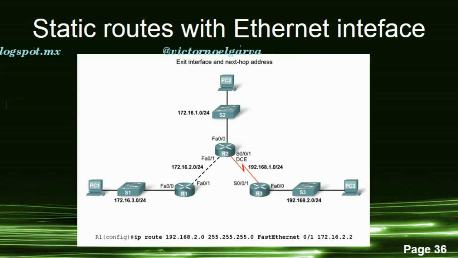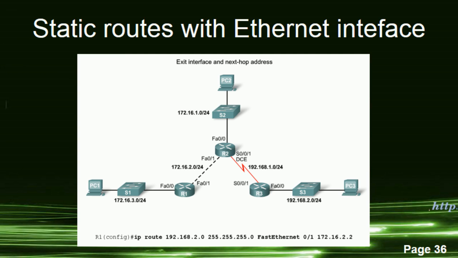The difference between an Ethernet network and a point-to-point serial network is that a point-to-point network has only one other device on that network, the router at the other end of the link. With Ethernet networks, there may be many different devices sharing the same multi-access network, including hosts and even multiple routers. By only designating the Ethernet exit interface in the static route, the router will not have sufficient information to determine which device is the next hop device. R1 knows that the packet needs to be encapsulated in an Ethernet frame and sent out the Fast Ethernet 0/1 interface.